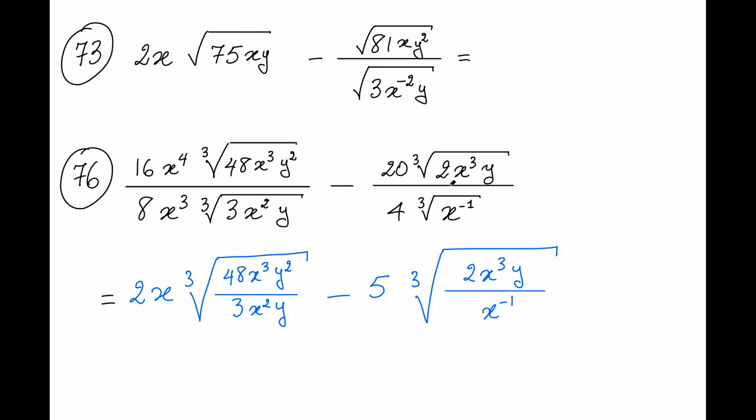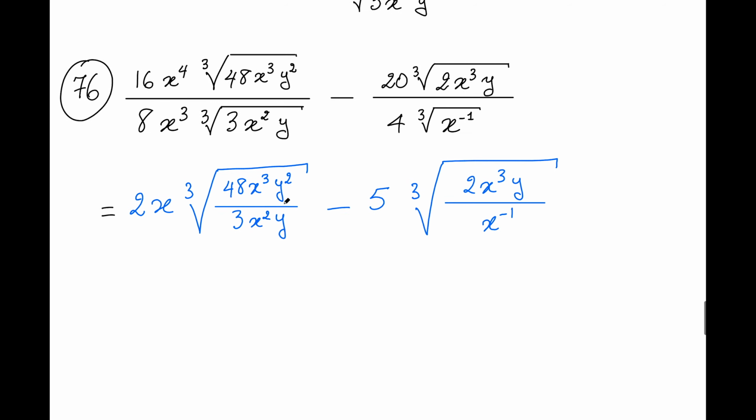So certainly I can do so because this is the quotient of the cube root, and the quotient of the cube root is, by the quotient rule for radicals, the cube root of the quotient. Okay. Now let's simplify this quotient for now. Well, 48 divided by 3, how much? 16, right?